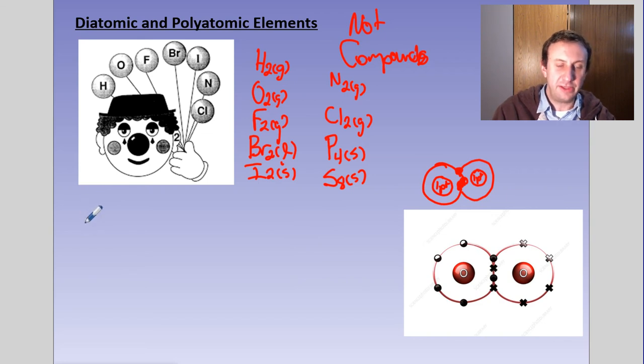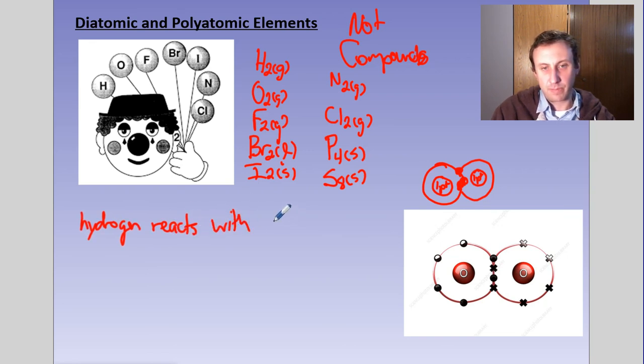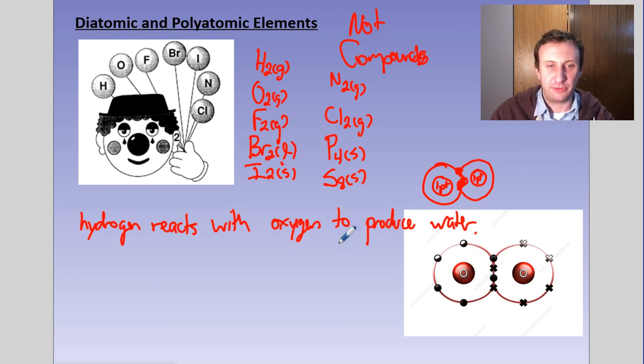Let's now get into an example of how this would be used. Hydrogen reacts with oxygen to produce water. If I were writing out that chemical reaction, I'm getting a little bit ahead here, but I want to show you how this practically would be done.